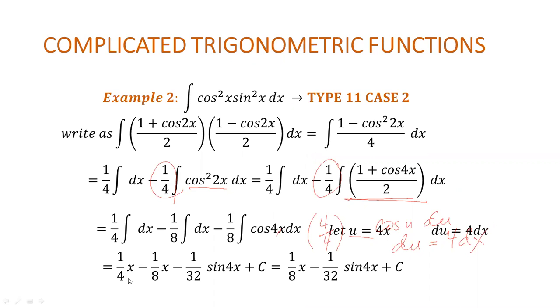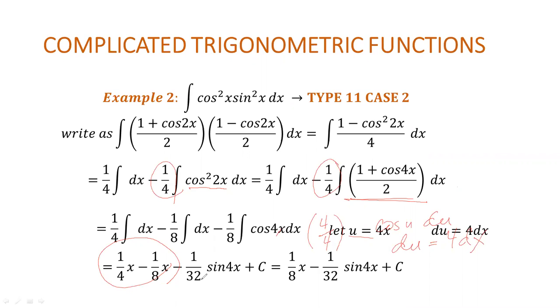So 1/4 x minus 1/8 x minus 1 over 32, that is 1/8 times 1/4, 1 over 32 sine of 4x. If this is combined, or rather if we take the difference of the first and the second terms in here, 1/4 minus 1/8 is 1/8 x.